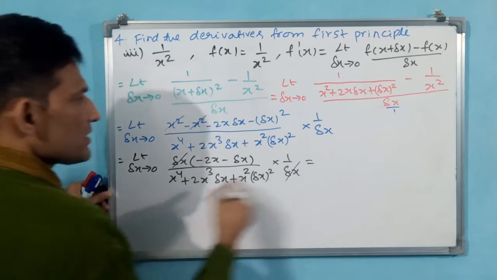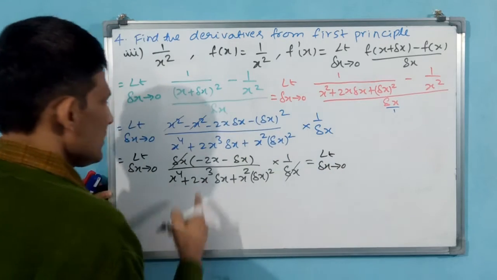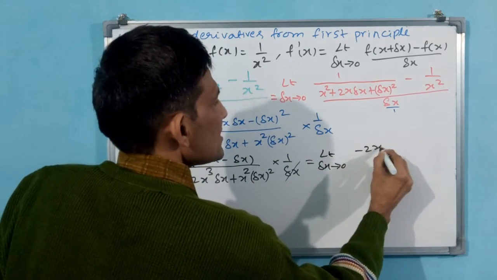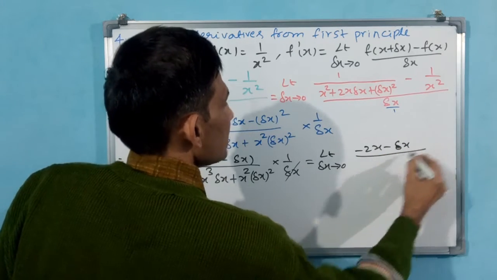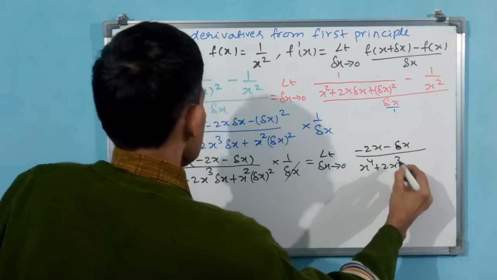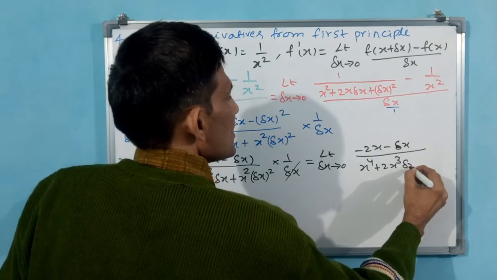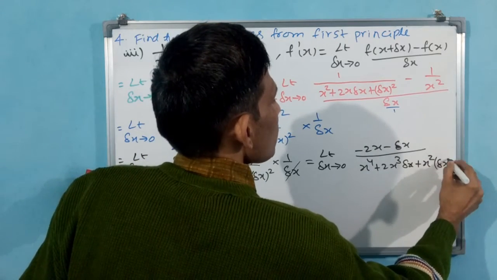Again you write limit delta x tends to 0, minus 2x minus delta x, divided by x to the power of 4 plus 2x cube delta x plus x square delta x square.